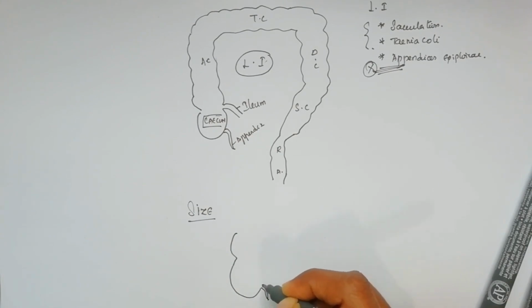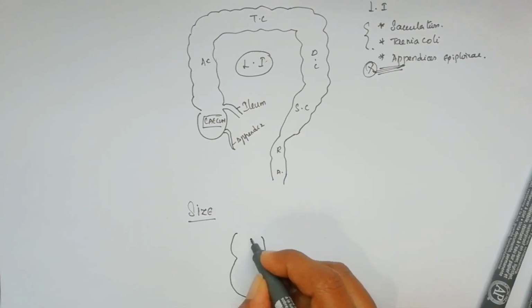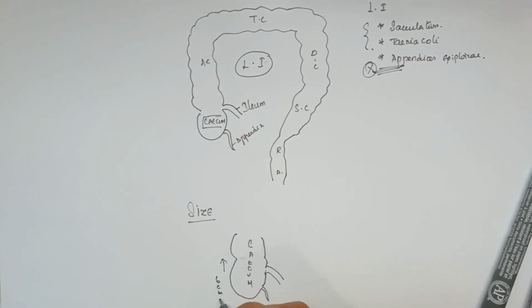Appendix, and then we'll be having the ileum, and then we'll be having the cecum and ascending colon. So this is the cecum. If you are taking the size of the cecum, the length will be 6 cm, but the breadth is more, that is around 7.5 cm.